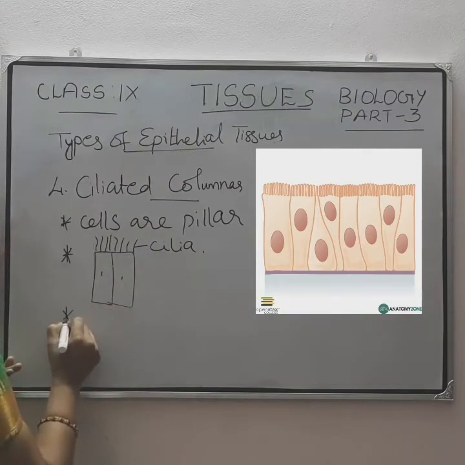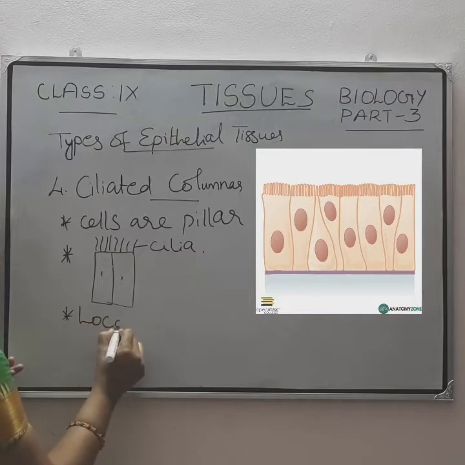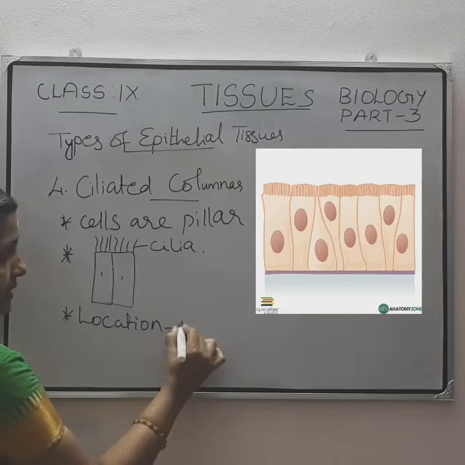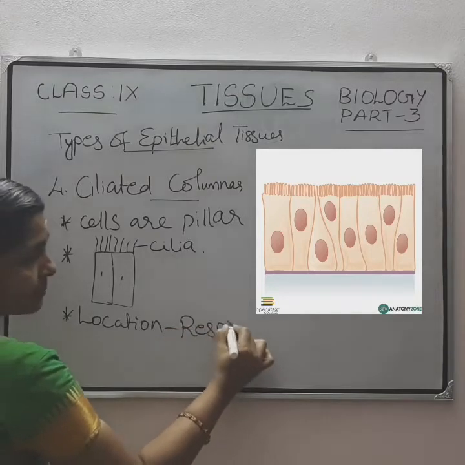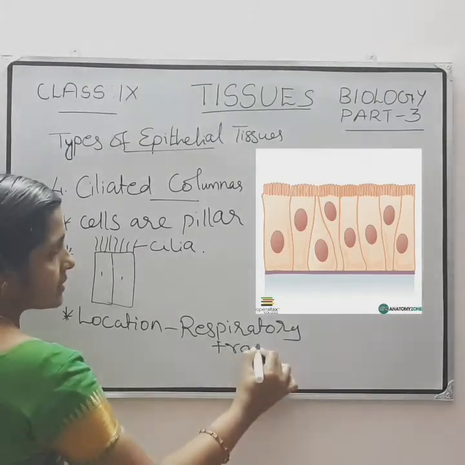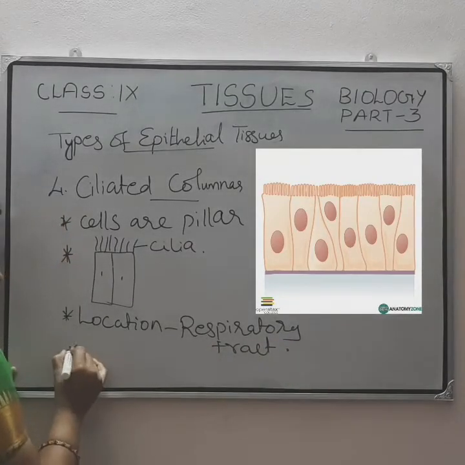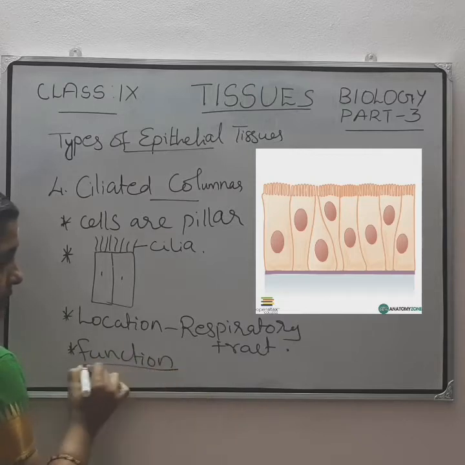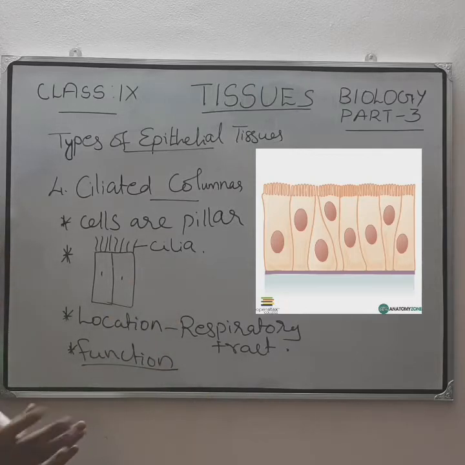Then where can we find these ciliated columnar epithelial cells? They are found in the respiratory tract. And what is their function? You know that these cilia can move, isn't it?